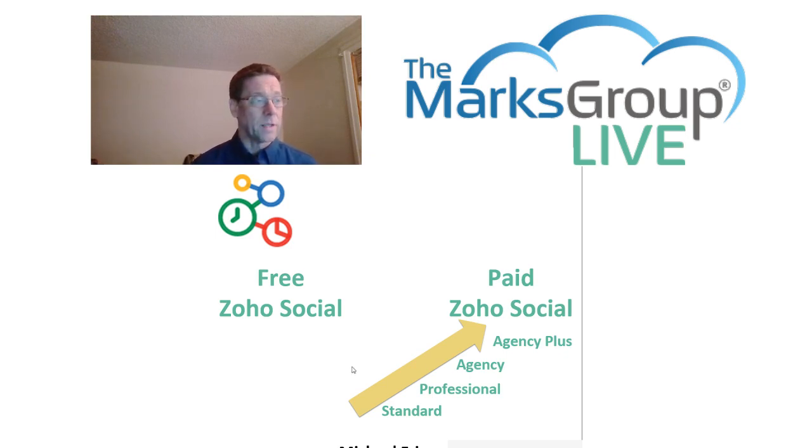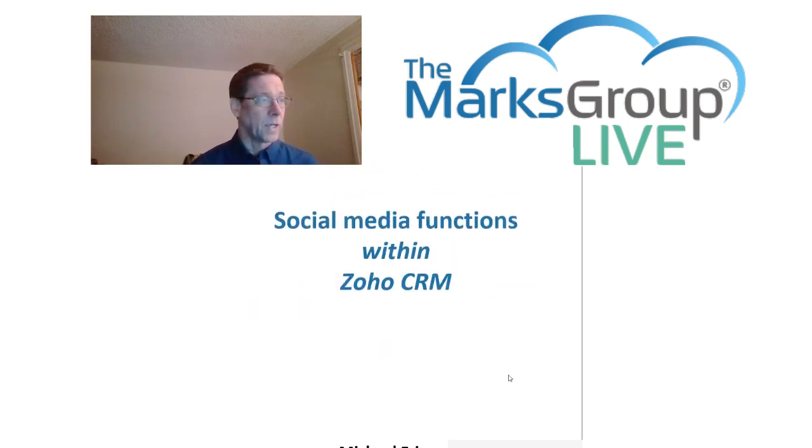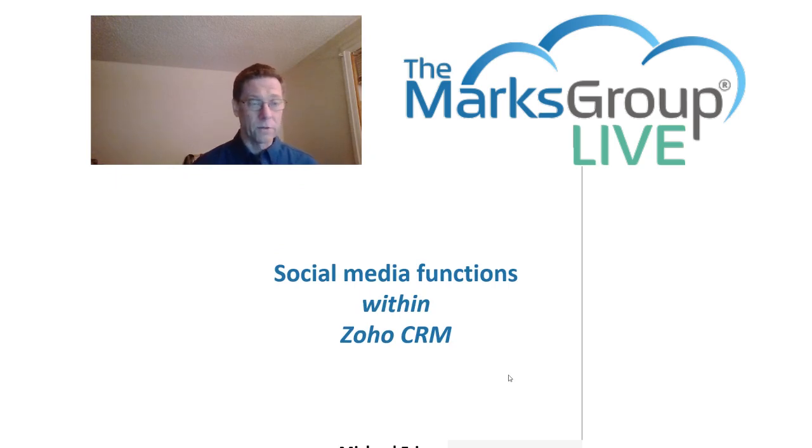But in between these, we have something called Zoho Social Lite that you get with any paid version of Zoho CRM. That's Social Lite, 2 words, not one. I have no idea what a Zoho Social Lite would look like. Anyway, so today we're going to be looking really at that blue thing. We're going to be looking at social media functions within Zoho CRM.